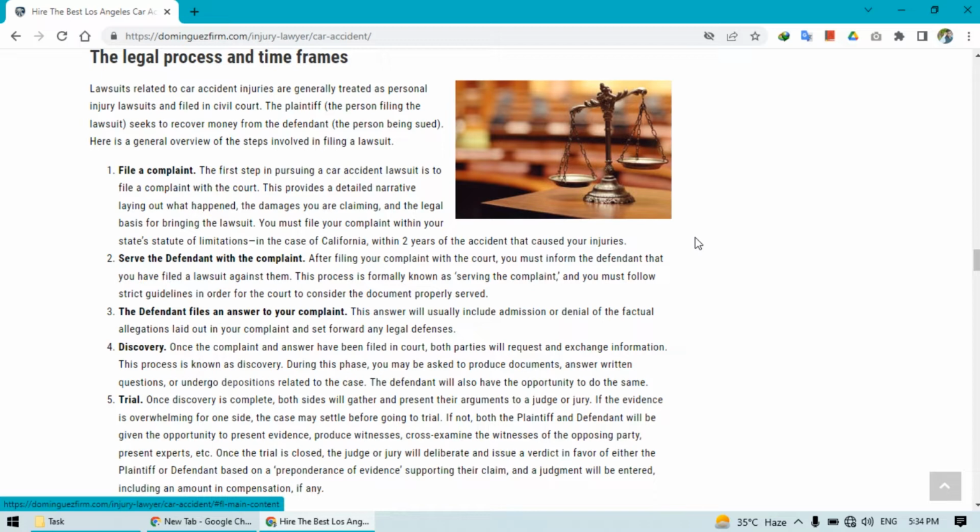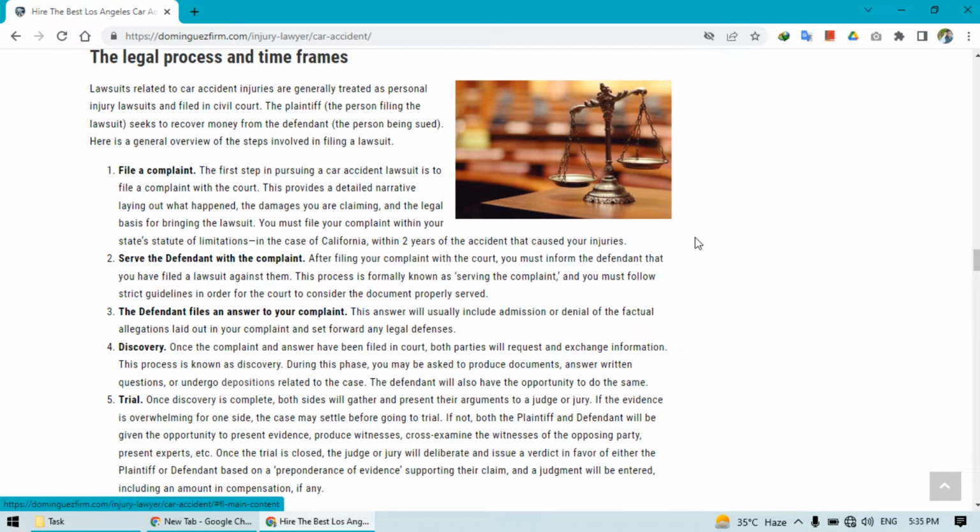Once the complaint and answer have been filed in court, both parties will request and exchange information. This process is known as discovery. During this phase, you may be asked to produce documents, answer written questions, or undergo depositions related to the case. The defendant will also have the opportunity to do the same.